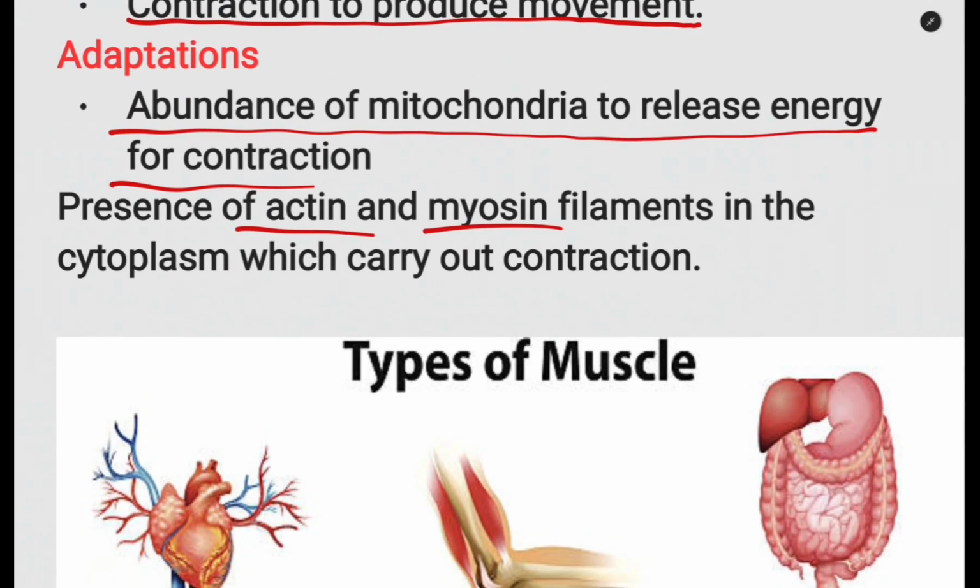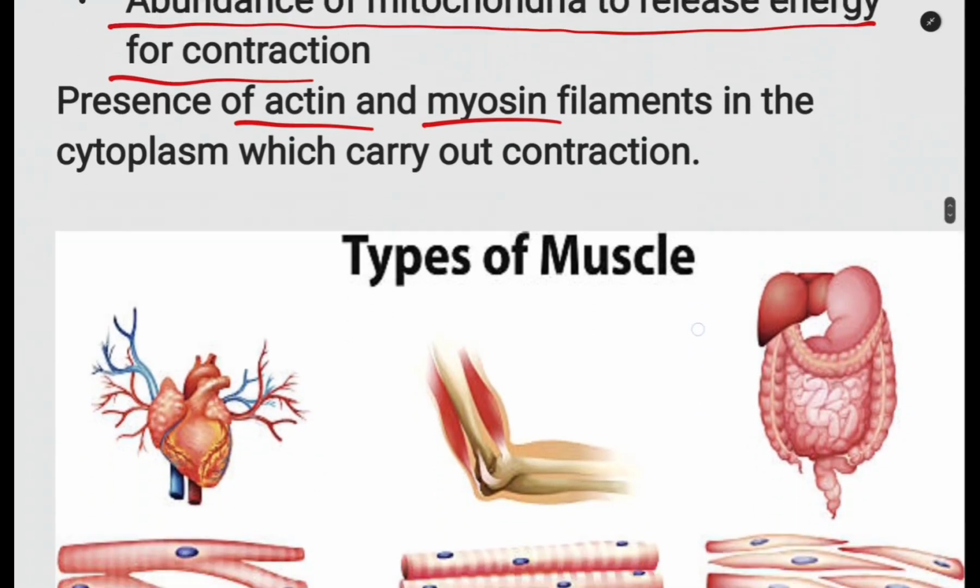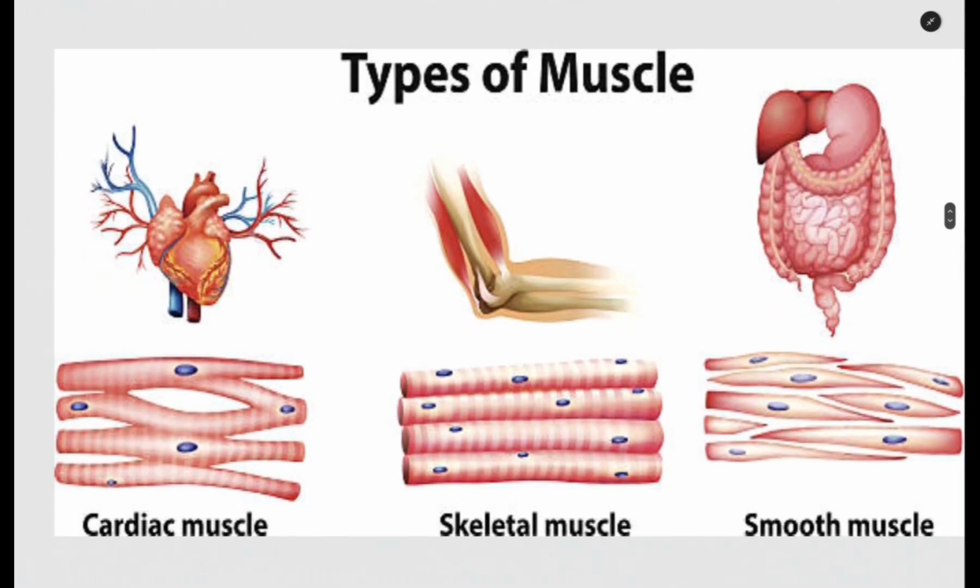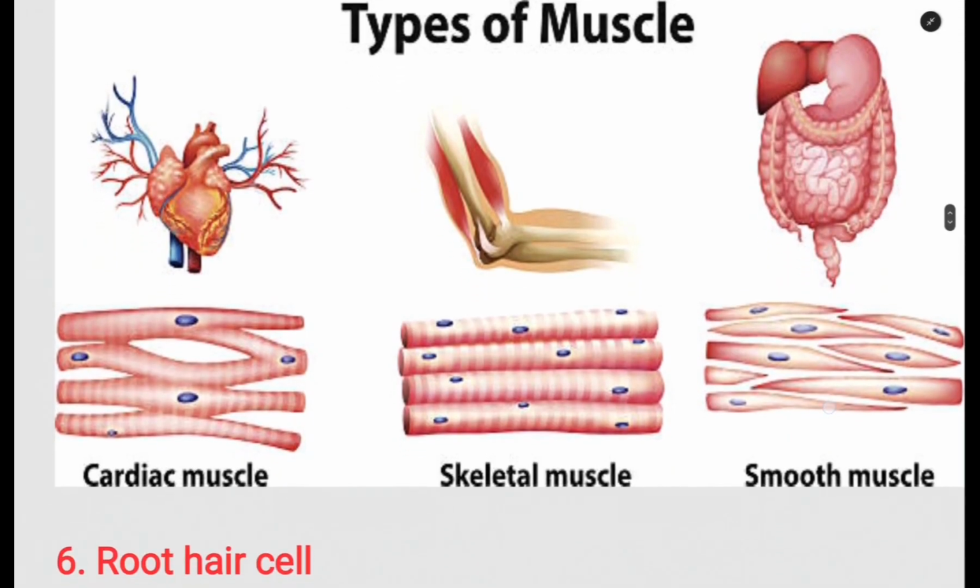All right, so let us look at the muscles now. There are 3 types of muscles that we are going to look at here. So 3 types of muscles, what are they? We have what we call smooth muscles, skeletal muscles, and cardiac muscles.